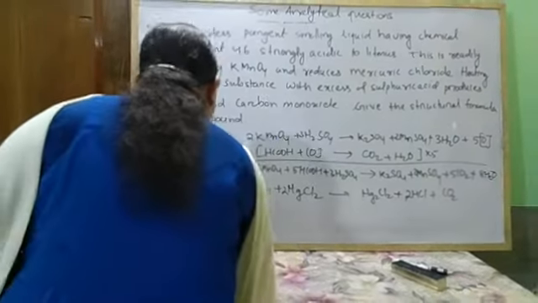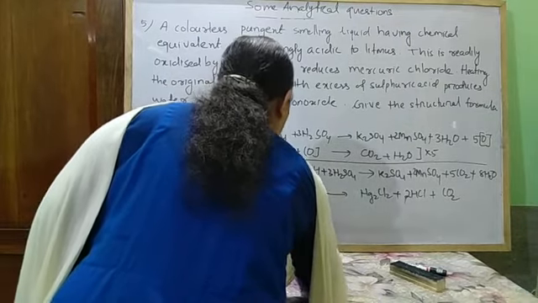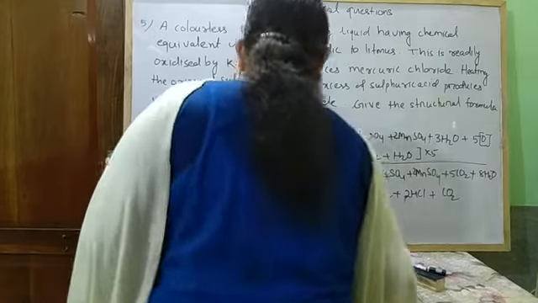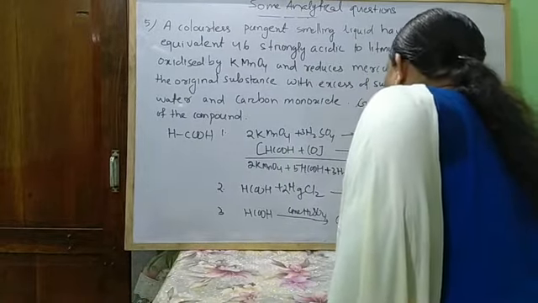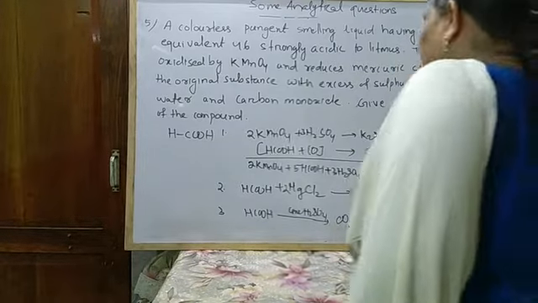And another, when formic acid is heated with concentrated sulfuric acid, it forms carbon monoxide and water.